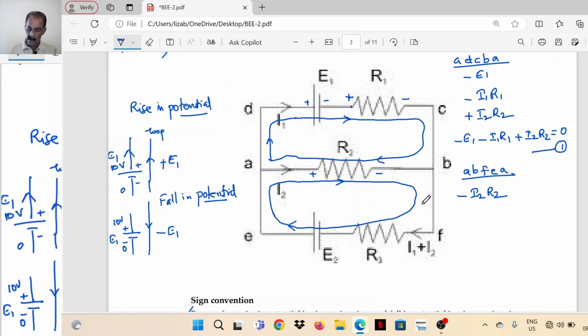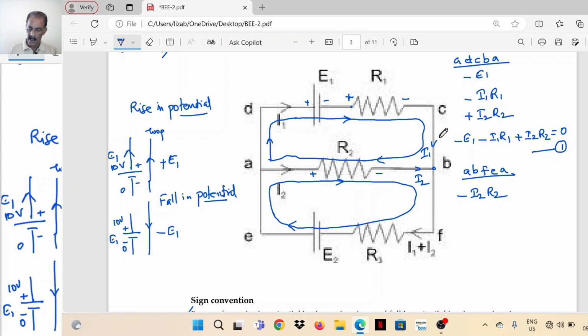Then what is the magnitude of IR drop in R3? Before that, we have to mark the current through R3. A current of I1 is coming to junction B. A current of I2 is coming to junction B. So what should be the current from B to F?